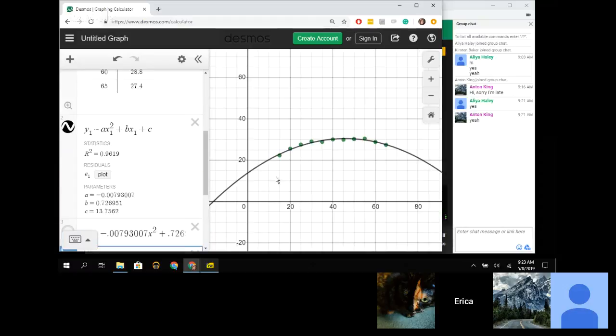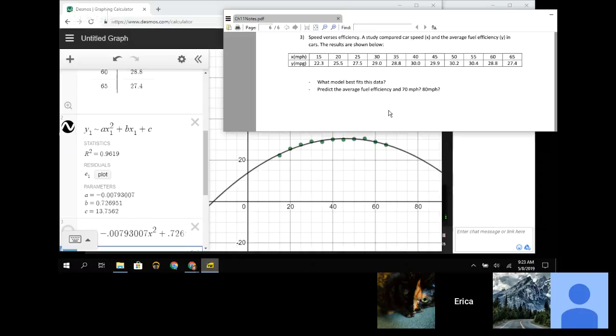The question is, based off of this, could you predict what miles per gallon I would get at 70 miles per hour? So my highest data point, you remember, is 65 miles per hour. Could you predict what my miles per gallon is at 70?